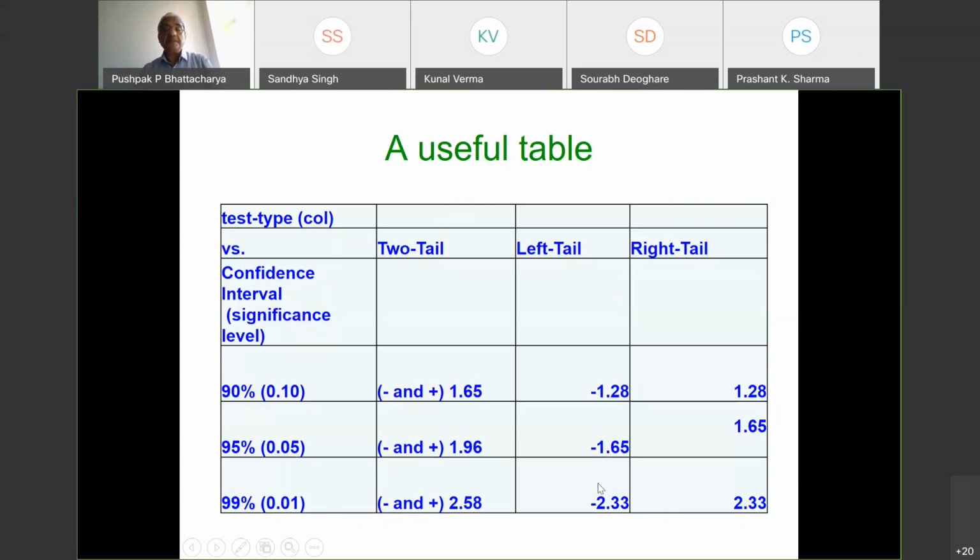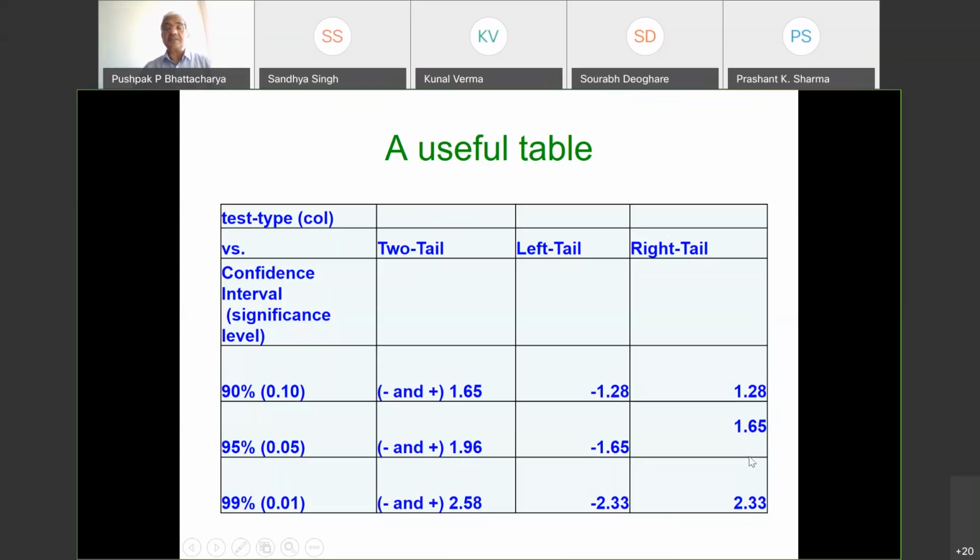For the left tail, again the critical point has to move towards zero, so minus 1.65 is the critical point, and 1.65 is the critical point on the positive side. So 1.65 up to plus infinity will cover an area of 0.05 or 5% area.